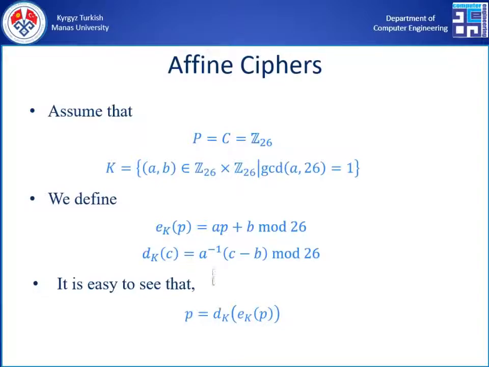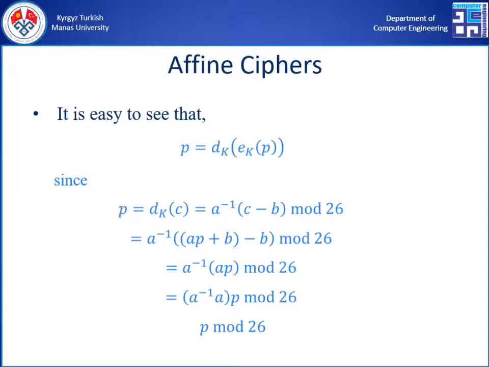But before I explain what multiplicative inverse means, let's check if the encrypted message, decrypted using the same key, will give us the same plaintext. Our plaintext is equal to the decryption of the ciphertext with the same key.